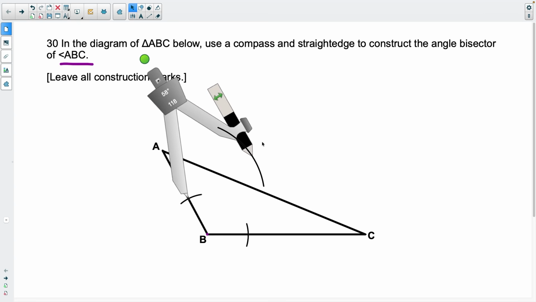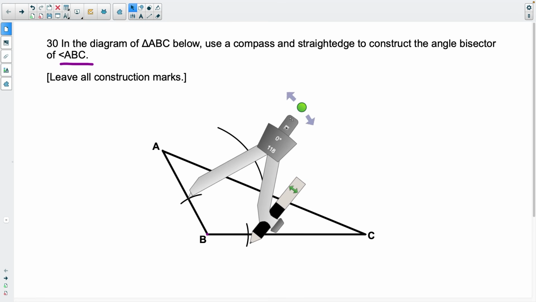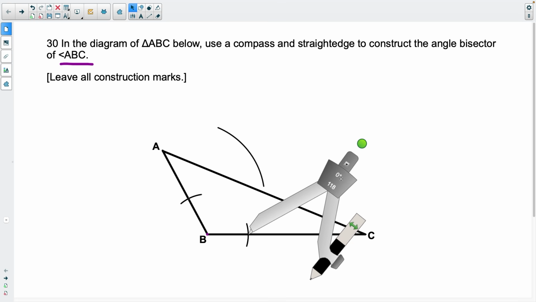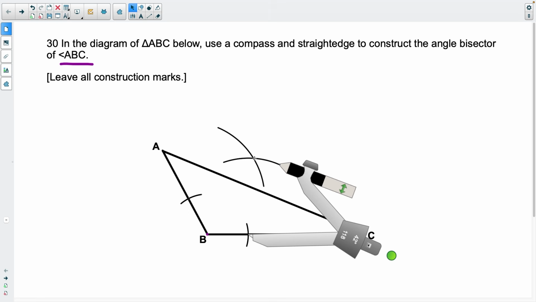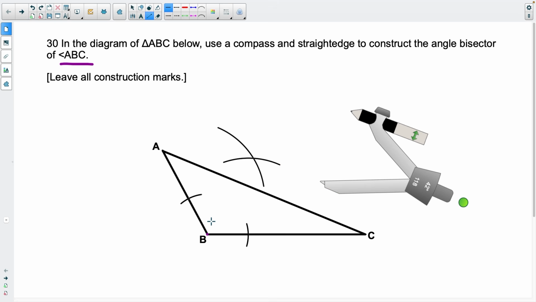At this step, I do not change the length of the compass. I keep it the same, and I move the compass over to this point, and swing the arc. So there's our second point. Now all we have to do is connect point B over to this point of intersection here, and this is our angle bisector of angle ABC.